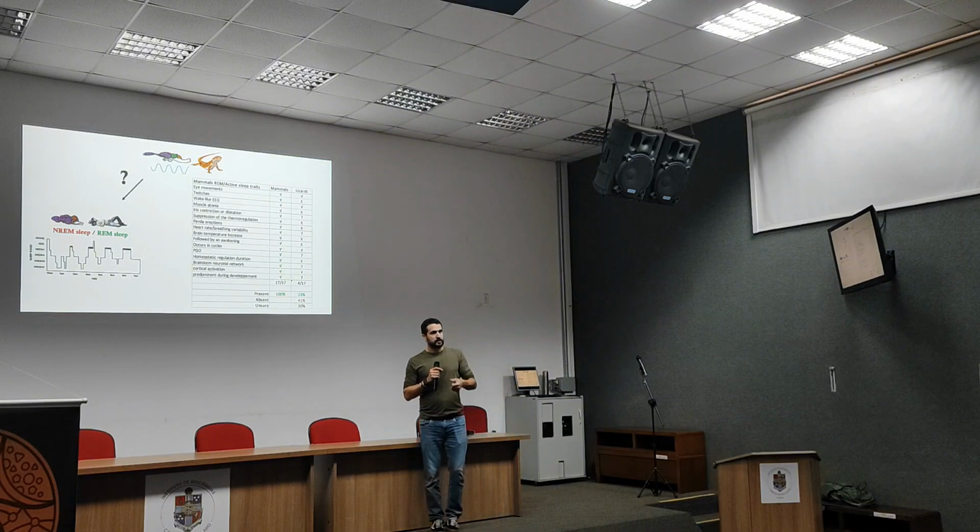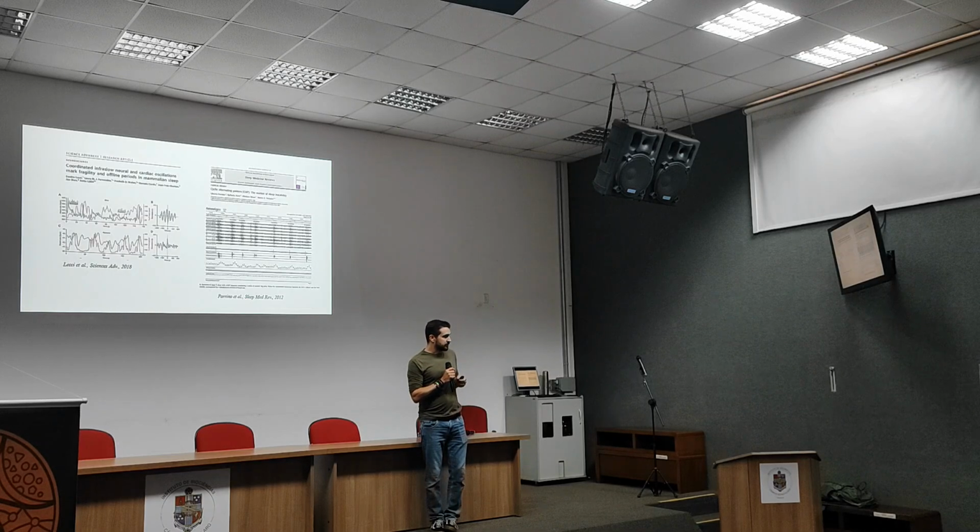Lizards do not have muscle atonia, they do not have twitch, they do not have loss of thermoregulation, because they do not have penile erection. So all those traits are absent. So how to understand that this is a similar state? This is where we are actually in the understanding of sleep states in reptiles.